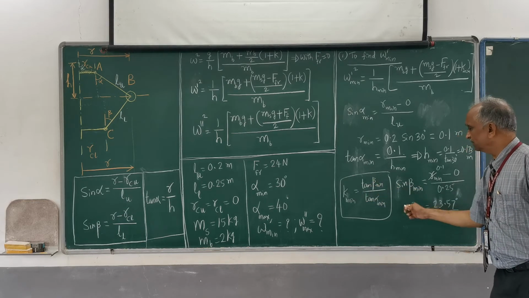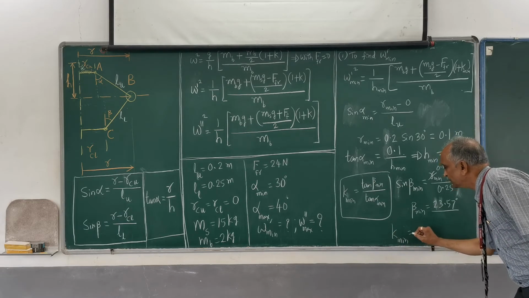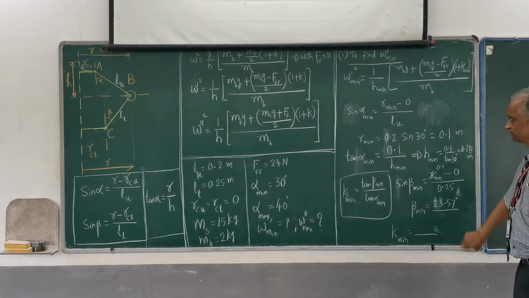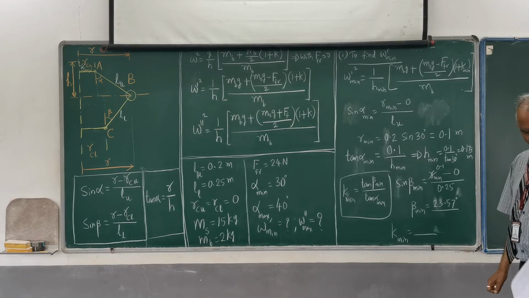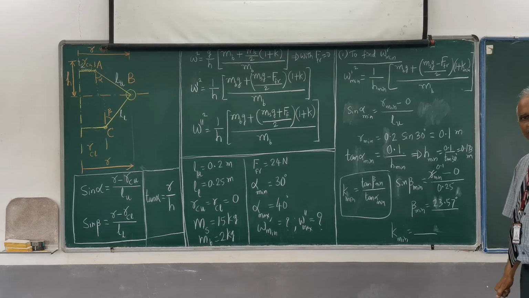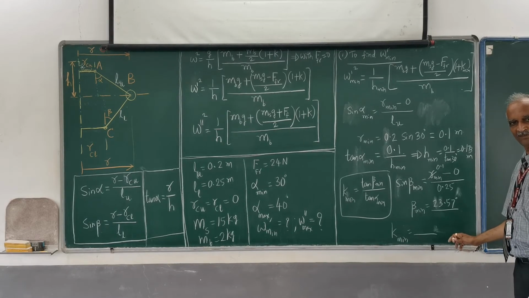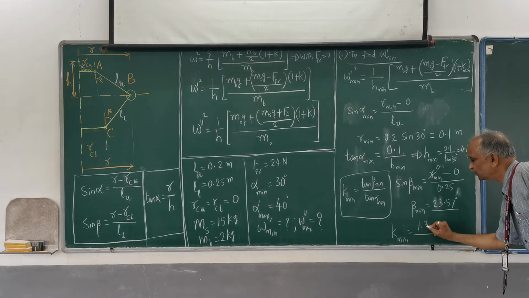So tan beta minimum divided by tan alpha minimum is equal to K minimum. So find out K minimum. It is 1.32.